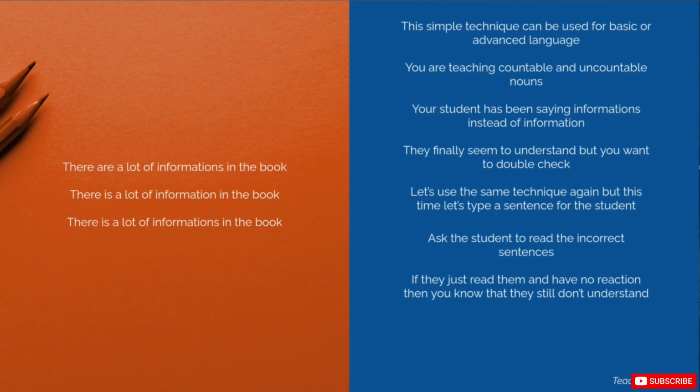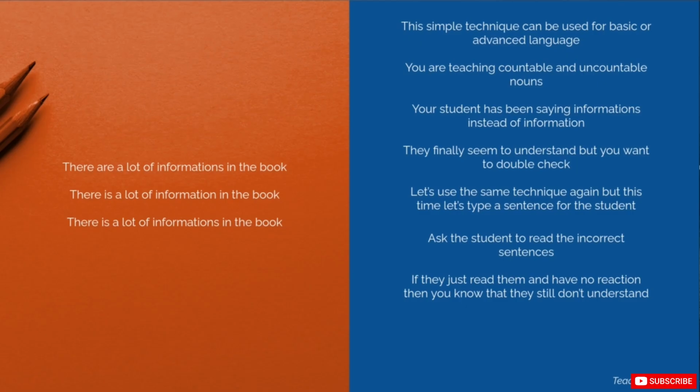It could also be that they're not quite sure what you want them to do. So now we've read through once, I would ask them to read again. But this time we're going to help them in the same way that we did previously. We're going to use our tone of voice here to indicate that maybe a sentence isn't correct. Read the first sentence again. And they read, there are a lot of informations in the book. And here we will step in and say, informations.